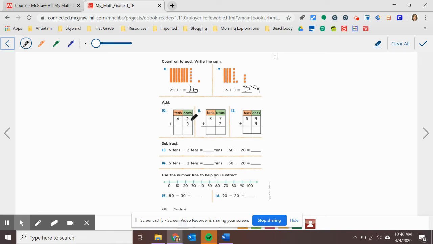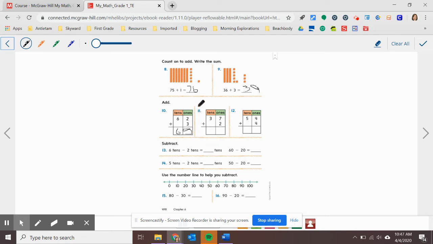I have 2 plus 3. Well, first grade, what is 2 plus 3? 2 plus 3 equals 5, and I write that in my box down here. And then I can come over to my 10 side and I have 6 plus, there's nothing there. If there's nothing there, 6 plus no more equals what? It still equals 6. So 62 plus 3 equals 65.